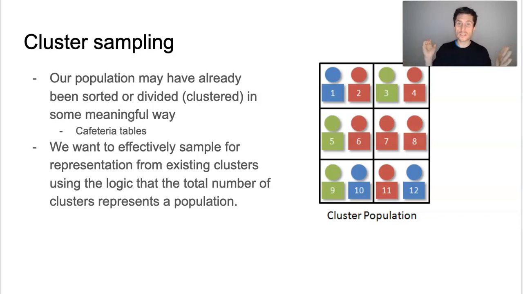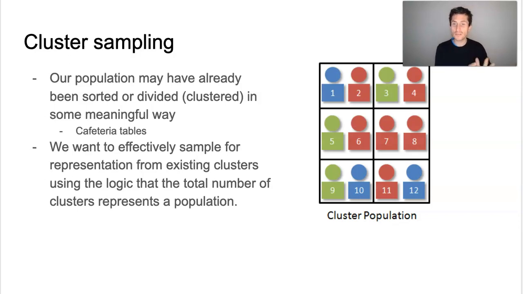This is called cluster sampling, and we can use the example that we talked about before of doing a study of cliques in a high school cafeteria. So our population may already be divided into particular tables. Those tables we can think of as a cluster of people that we want to sample from our population.